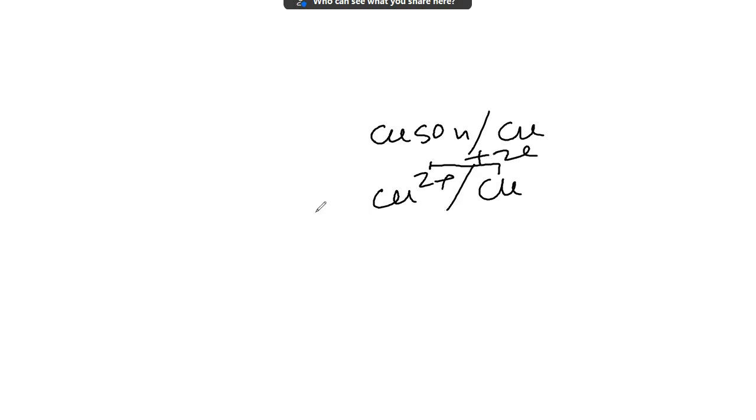Now, a galvanic cell consists of two parts. In one half cell oxidation takes place, in another half cell reduction takes place. Suppose I have taken a zinc sulfate solution in which zinc metal is dipped.